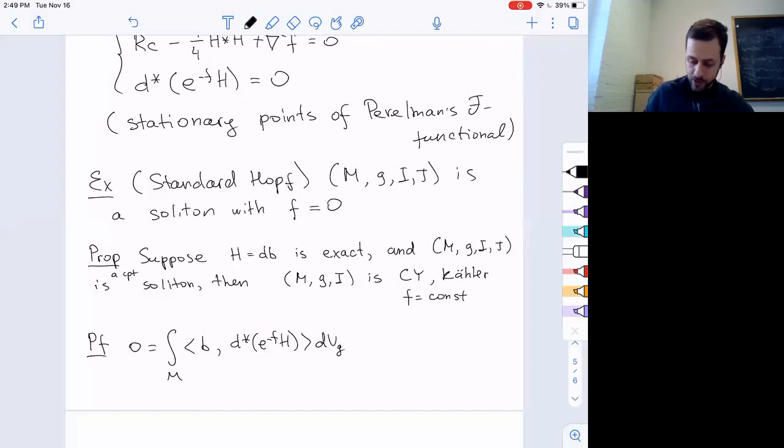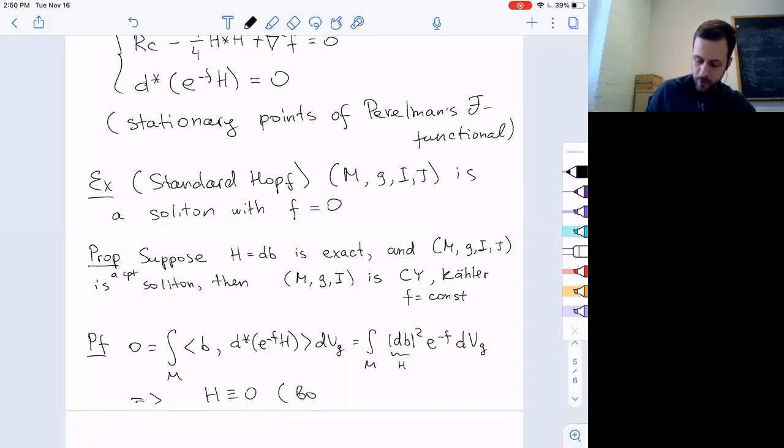Now integrating by parts, I can rewrite it as the integral over M of dB squared. So this is H integrated across e to the negative F dV, which implies that H has to be identically zero.